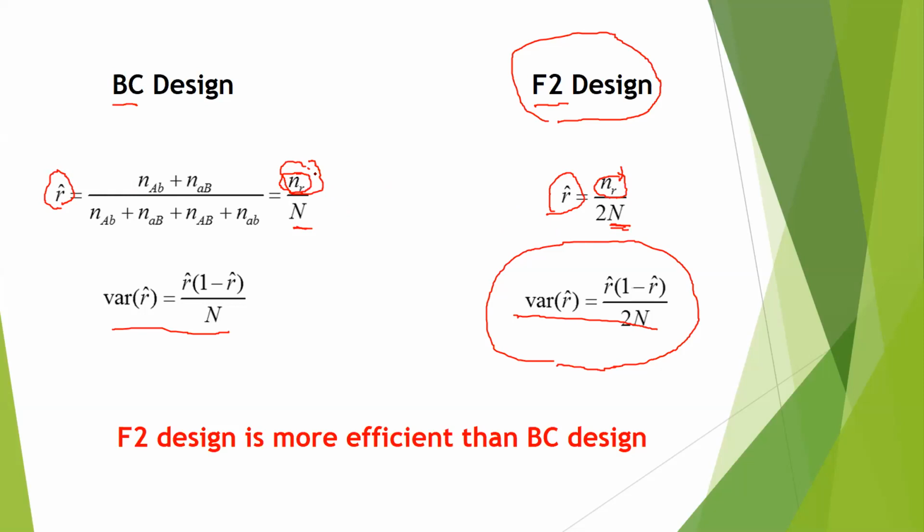The only thing is the Nr, which represents the number of progeny carrying the recombinants, right? The meaning of these two Nr is the same, but in reality the realized numbers in these two formulas are different. Yeah, very good question.